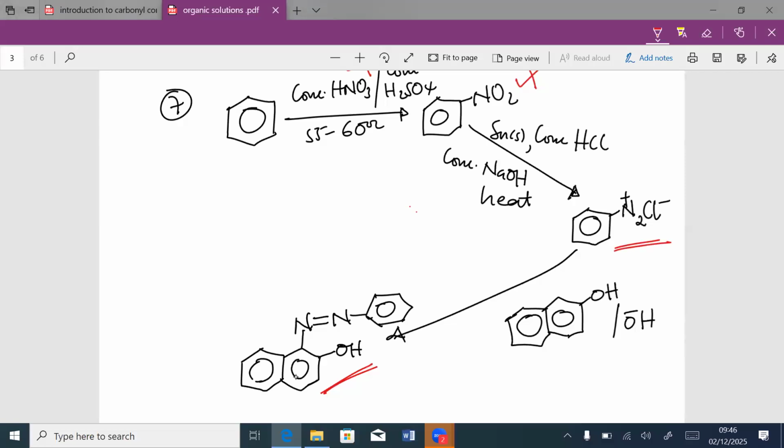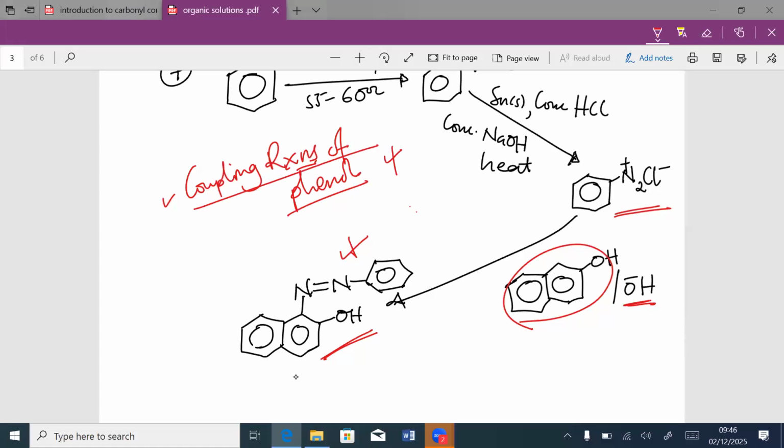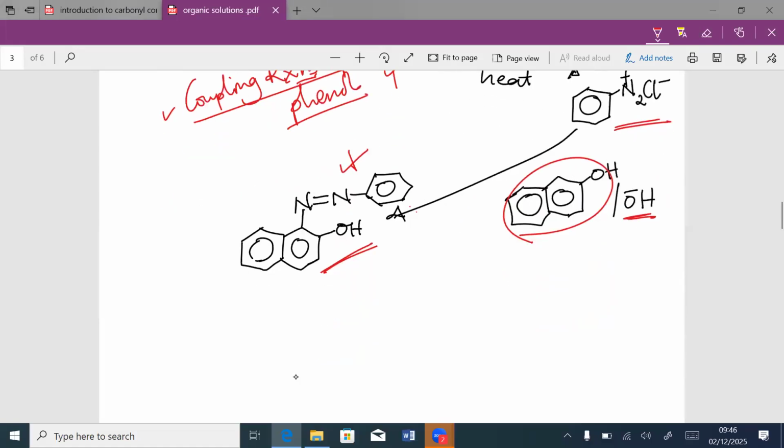After forming the benzene diazonium salt, you react it with this compound in the presence of an alkali, and you get that compound. We looked at these under the coupling reactions of phenol.